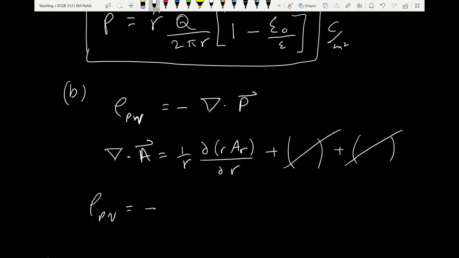So this is going to be minus 1 over r d over dr of r Q over 2 pi r times 1 minus epsilon naught over epsilon.